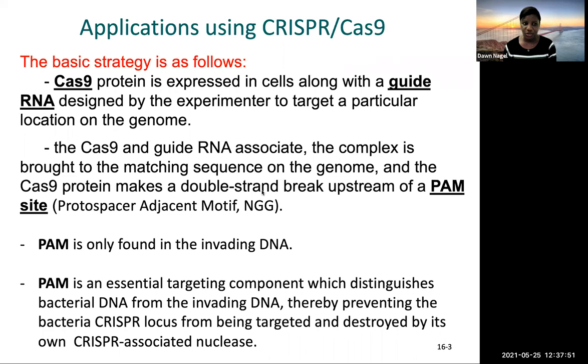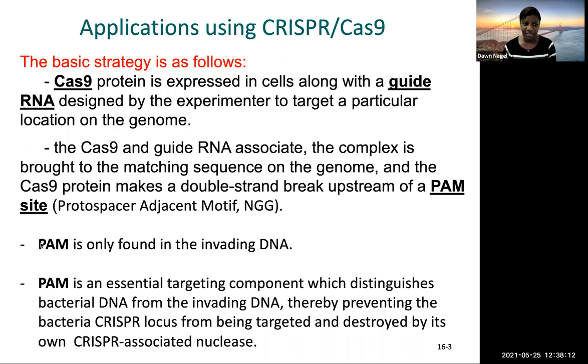So not only do you need to take the Cas9 protein to the region that you want with the guide RNA, it needs to be adjacent to this PAM site. And that's what really makes this system specific, right? Because you're really targeting a particular region and not just random DNA in the genome.